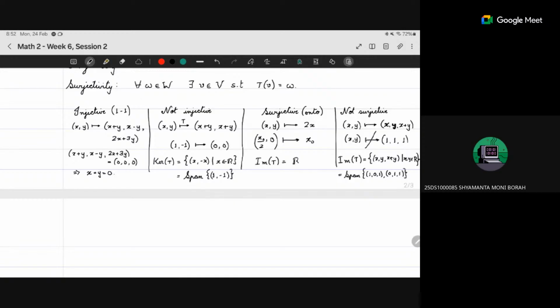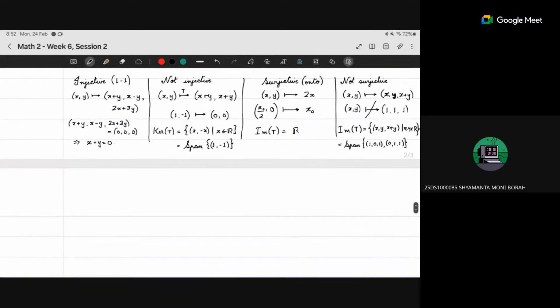If you don't see it immediately, you can verify that x, y, x plus y can be written as x times (1, 0, 1) plus y times (0, 1, 1). So this is the span. The pre-image of 0, which I'll call the kernel of T, in this case is just 0, 0.